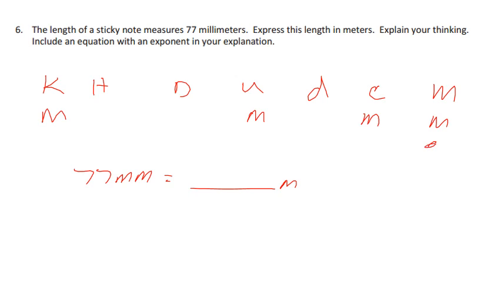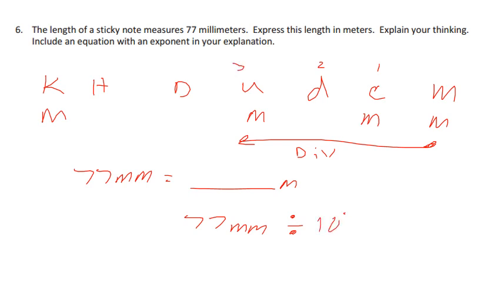Well, we're going millimeters to meters. I know going from right to left is division because I'm going from a smaller to a larger unit. So I can go 77 millimeters divided, and it's 1, 2, 3 positions away. So now that's 10 to the third. So now if I go 77, put my decimal point in there, move it 3 positions. 1, 2, 3. I move to the left because it's dividing. So that equals 0.077 meters.